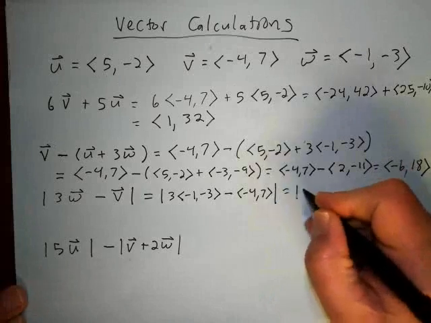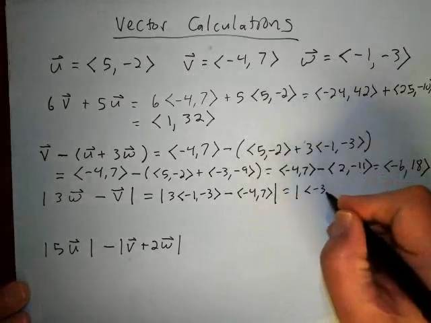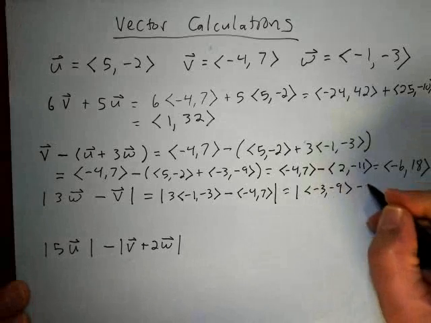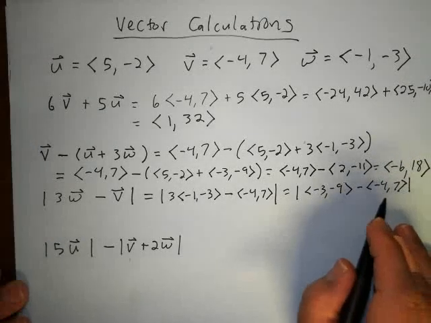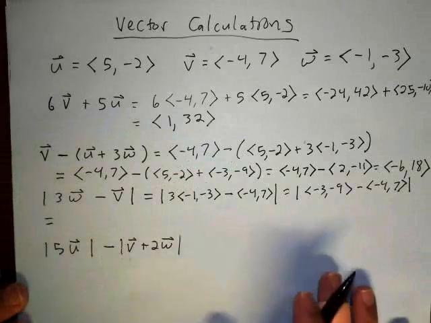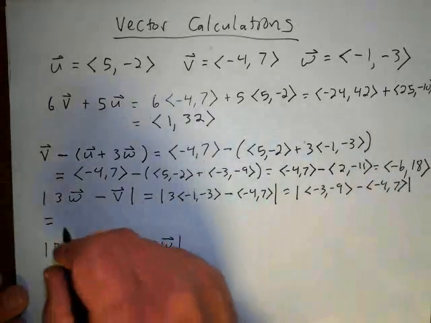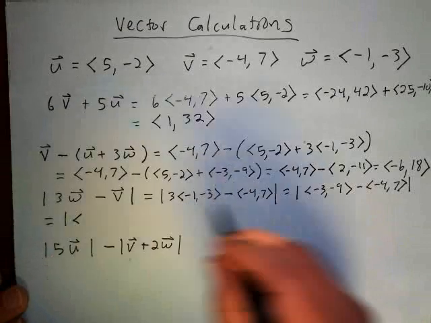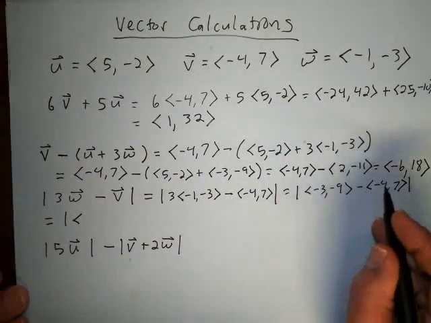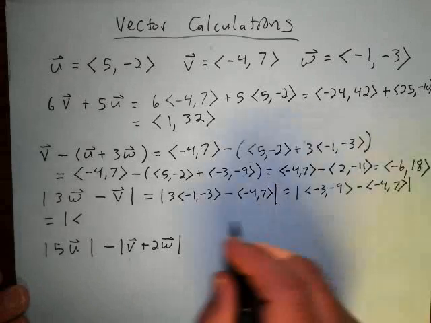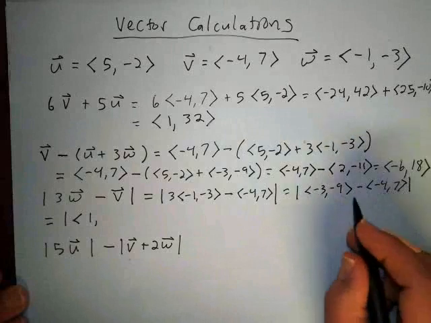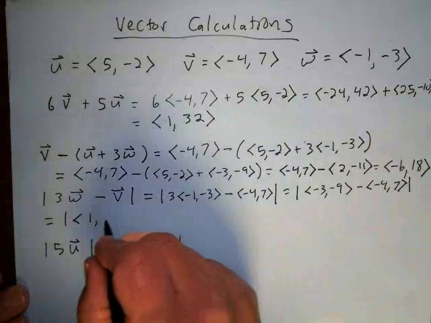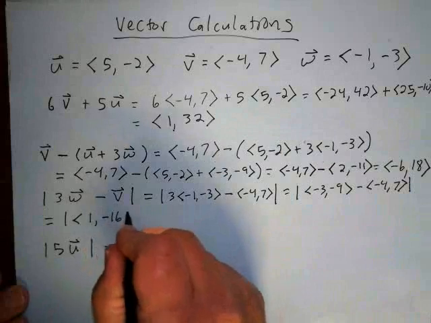Now I have the magnitude of (-3, -9) minus (-4, 7). Then I subtract these vectors: -3 minus -4 is -3 plus 4, which is 1, and -9 minus 7 makes that -16.